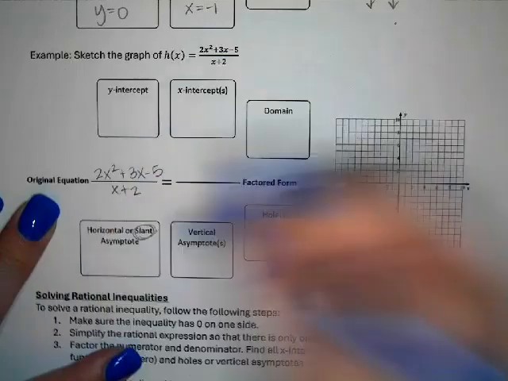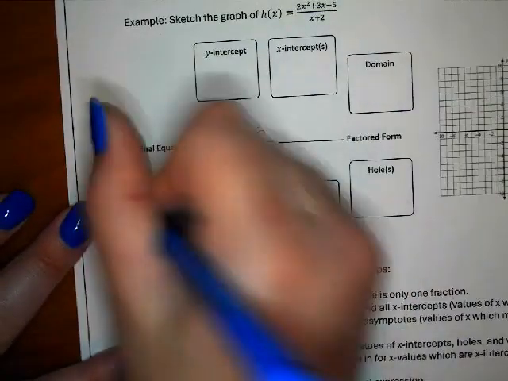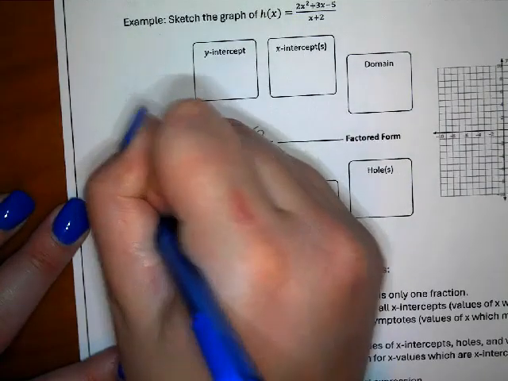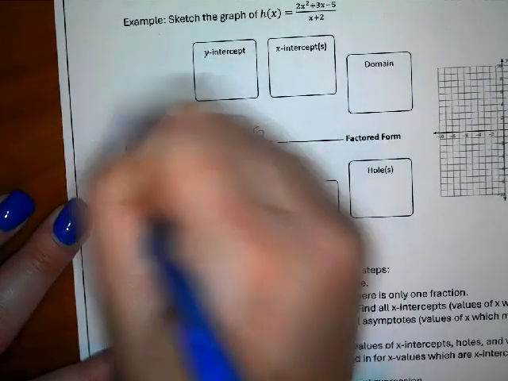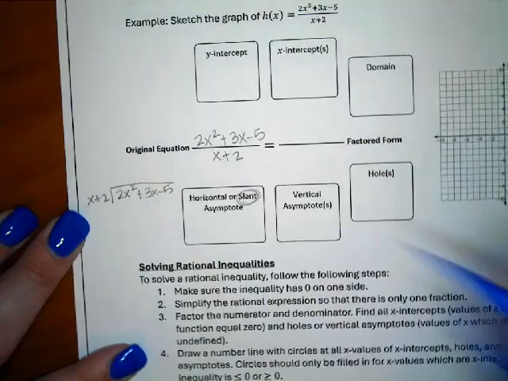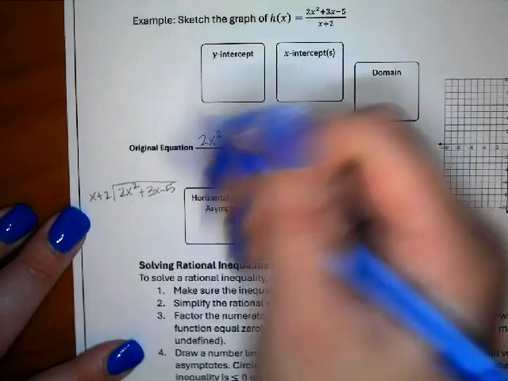So we have 2x squared plus 3x minus 5 over x plus 2. So x multiplied by what is 2x squared? That would be 2x. 2x times x is 2x squared.